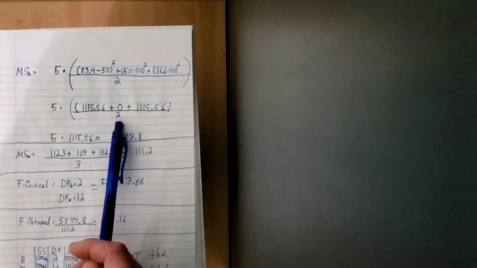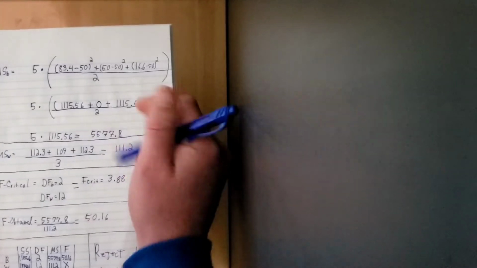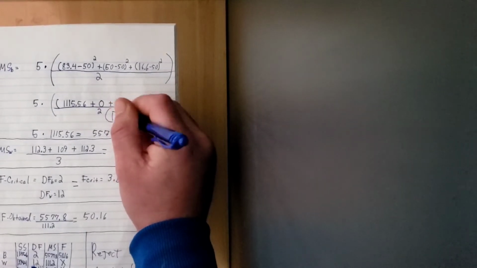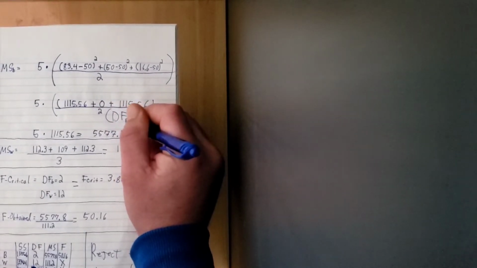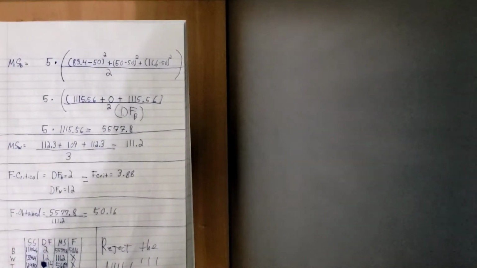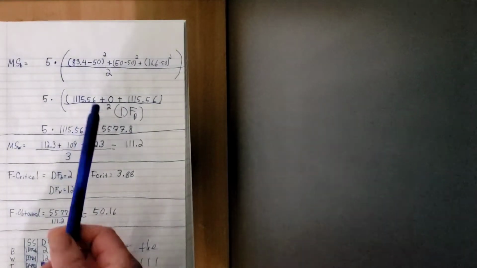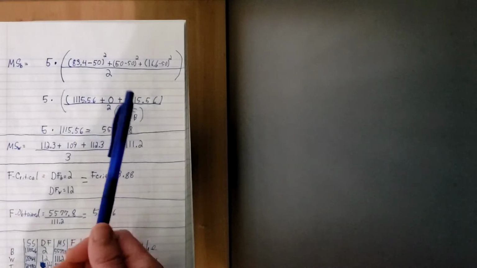So what's this 2? This 2 is DFB, right? DFB is simply K minus 1. K is the number of groups. So in this case, there were 3 groups. So DFB equals 2.